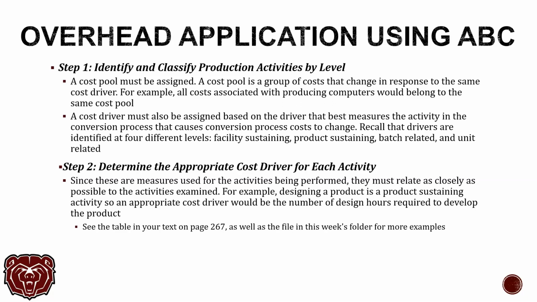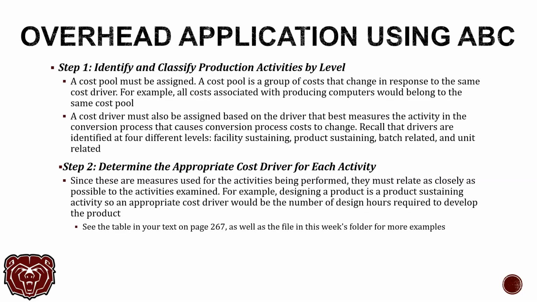A cost pool is basically a group of costs that change in response to the same cost driver. So anything that is going to be changed by the number of square feet in a building, the number of hours it takes to design something, those are all going to fall under the same cost pool.